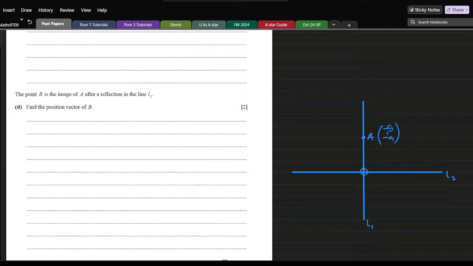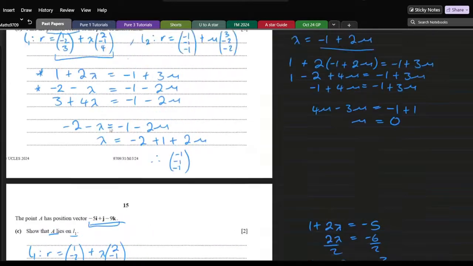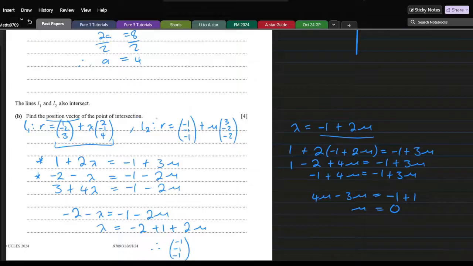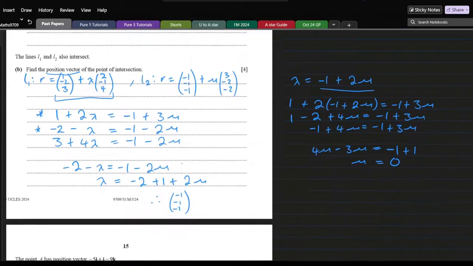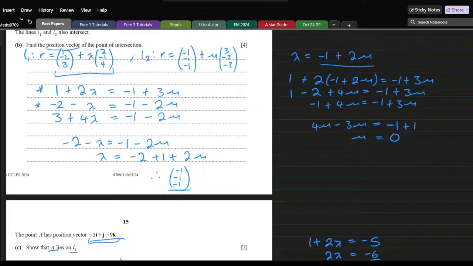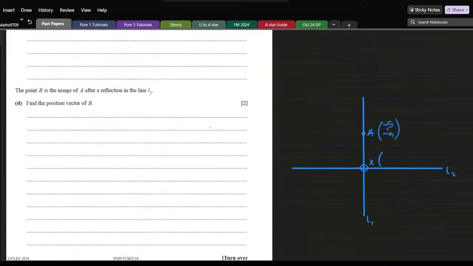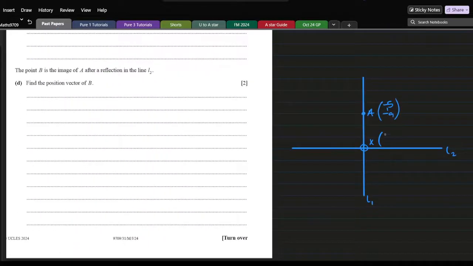And we also know the point of intersection. Let's call it point X. We calculated here in part B, and we got negative 1, negative 1, negative 1. Alright, so we know that X has the coordinates negative 1, negative 1, negative 1. Then we've been told that B is the image of A after it has been reflected in the line L2.